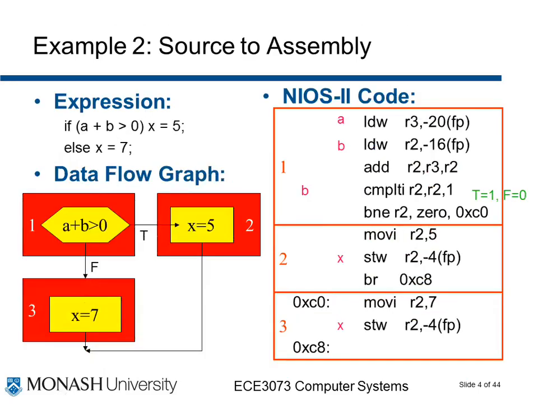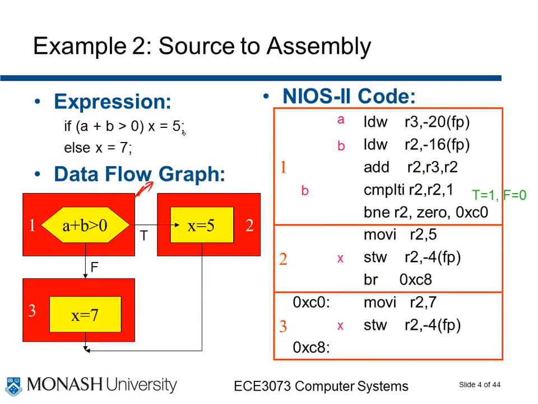Just to cover control data flow graphs, same idea, but here is an example of how to translate this into assembly. If we've got our control decision to make, then we have to translate this into assembly first and write the corresponding code.